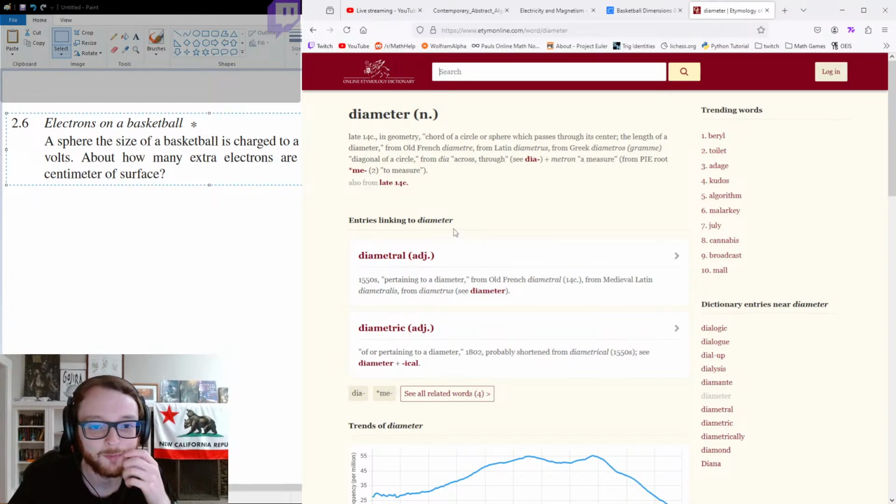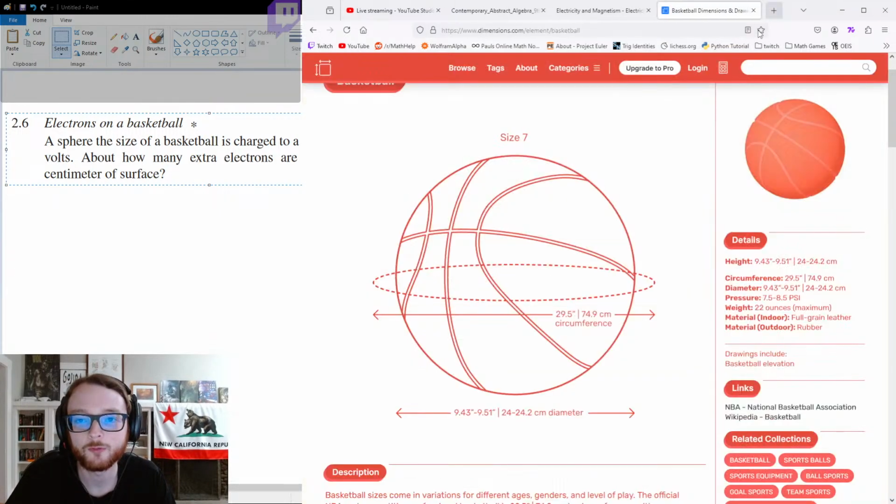I don't know why I even care about this, but okay, right. It is a measure of something across or through, and then I guess the circle part is implied. Okay. That's all I was curious about.